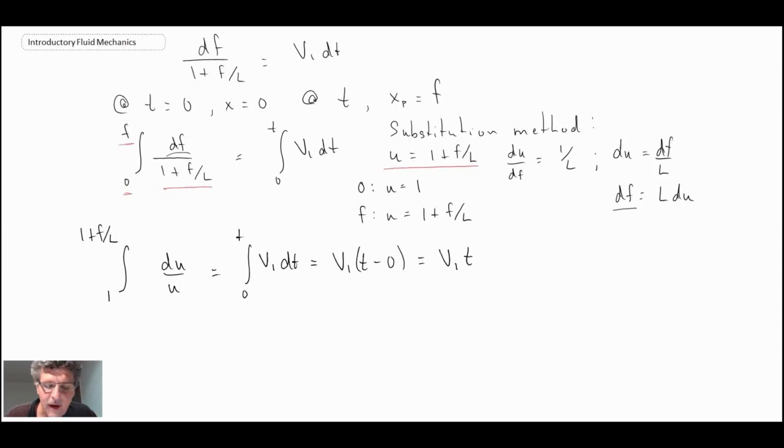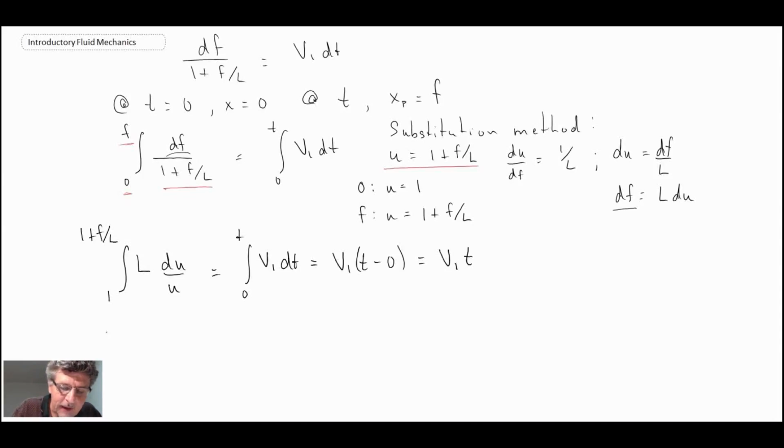The left-hand side, du over u, if you look back at your integral tables, you'll recognize that that is a natural logarithm. And did I forget something here? Just a moment. We have du by df, du is df over L, df is L du. So I forgot the L here. I apologize for that. There should be an L, and the L can be pulled out because that's a constant.